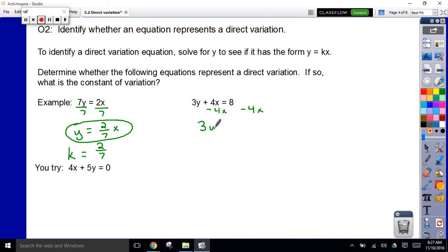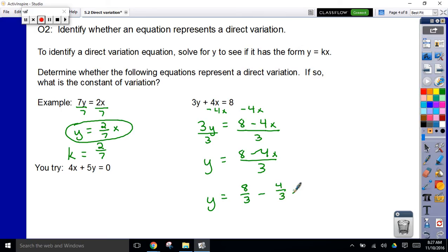So I'm just going to write 3y equals 8 minus 4x. Now what would I do to get y by itself? Sophia? Divide by 3. So I end up with y equals 8 minus 4x over 3. If I wanted to, I could separate this out and write 8/3 minus 4/3 x.